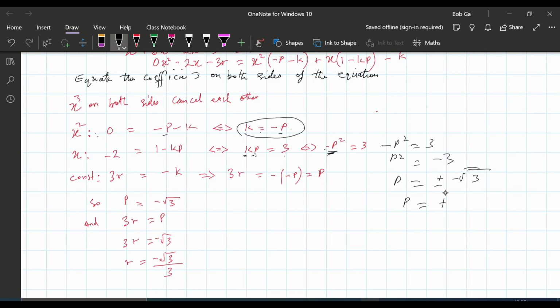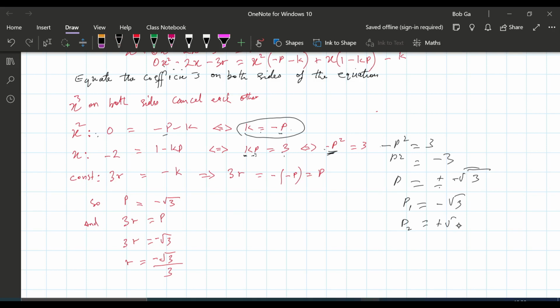Going with the plus side first, that gives us minus square root of 3, and this is p1. P2, the second value of p, we go with the negative route this time, so negative negative square root of 3 is positive square root of 3.